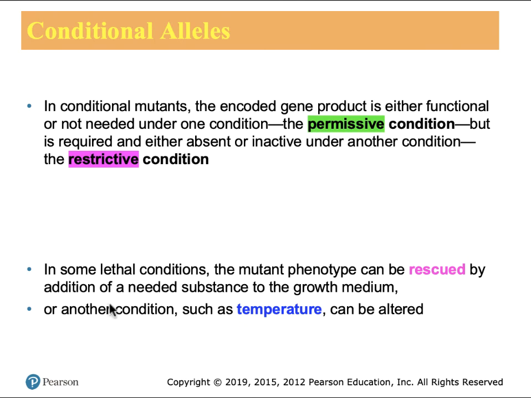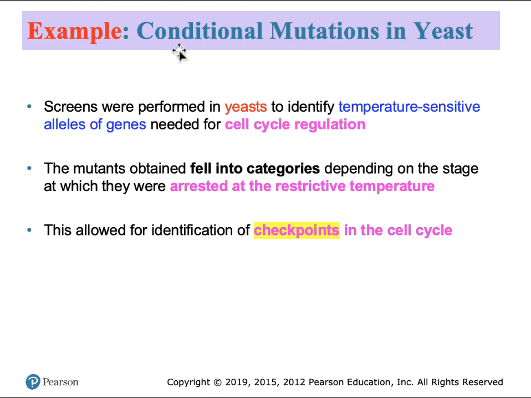In other cases, in different circumstances and different scenarios, the conditions may be something to do with temperature. At one temperature, the mutant doesn't reveal itself, and at the different temperature, the mutant reveals itself by killing the organism. These temperature conditional mutations were key in allowing us to discover the regulation of the cell cycle in eukaryotes.